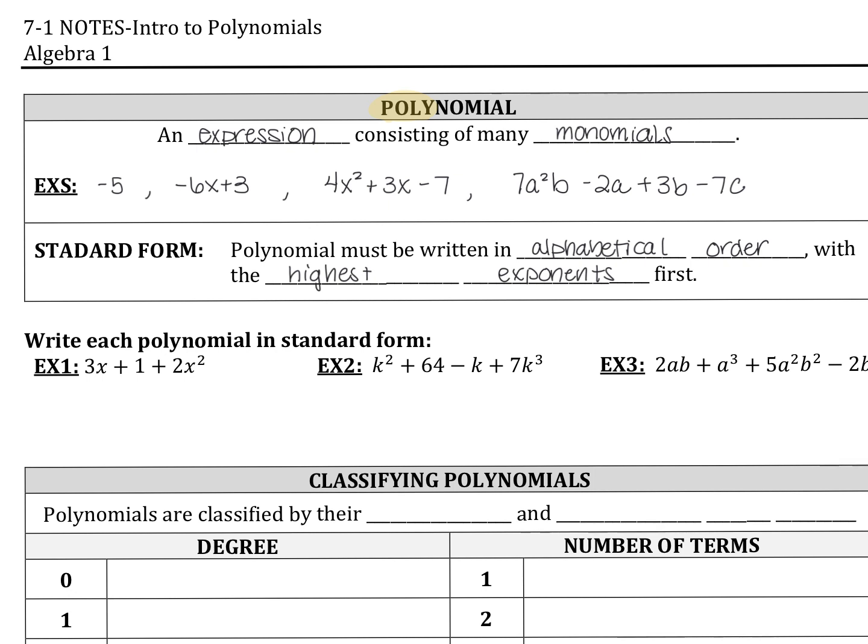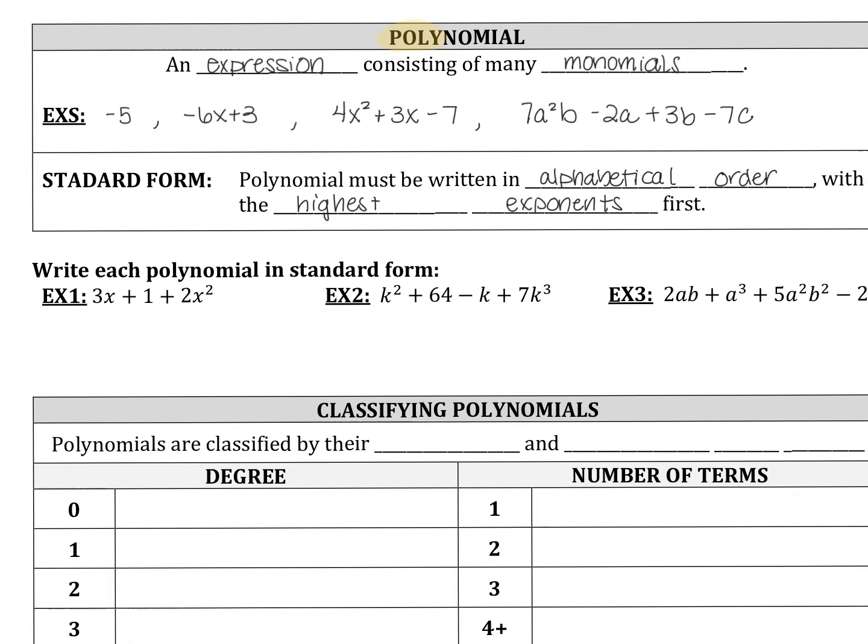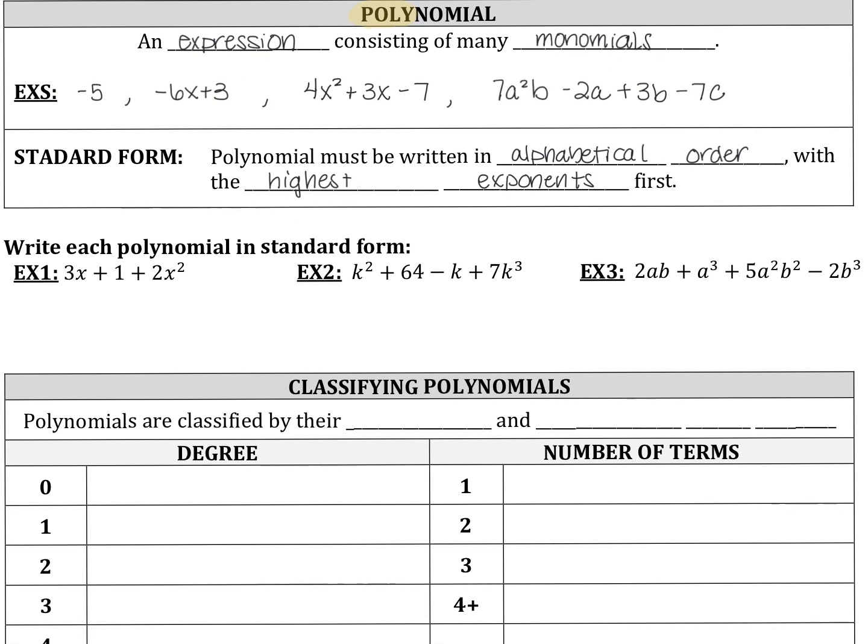So let's look at some examples of writing polynomials in standard form. In this first example, I see 3x plus 1 plus 2x squared. Everything is in terms of x's, so I don't have to worry about alphabetical order, just the highest exponent first.